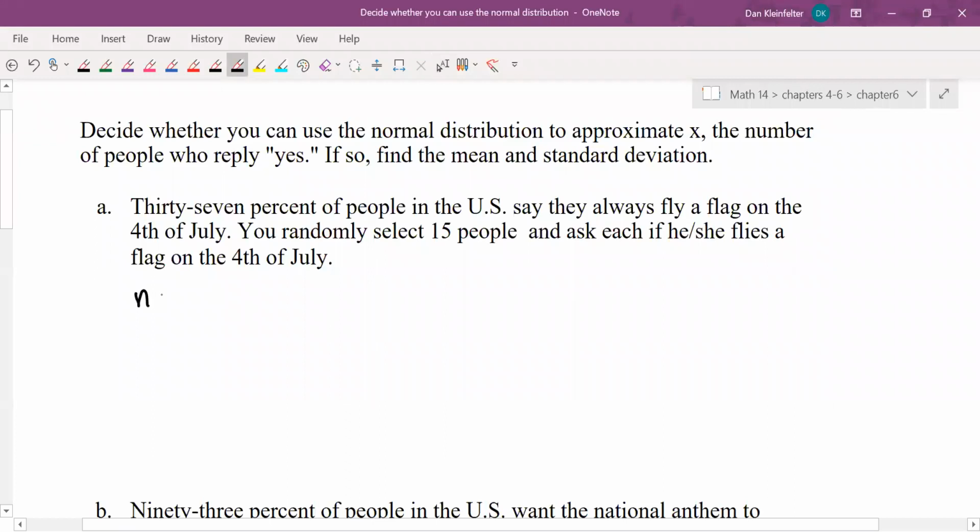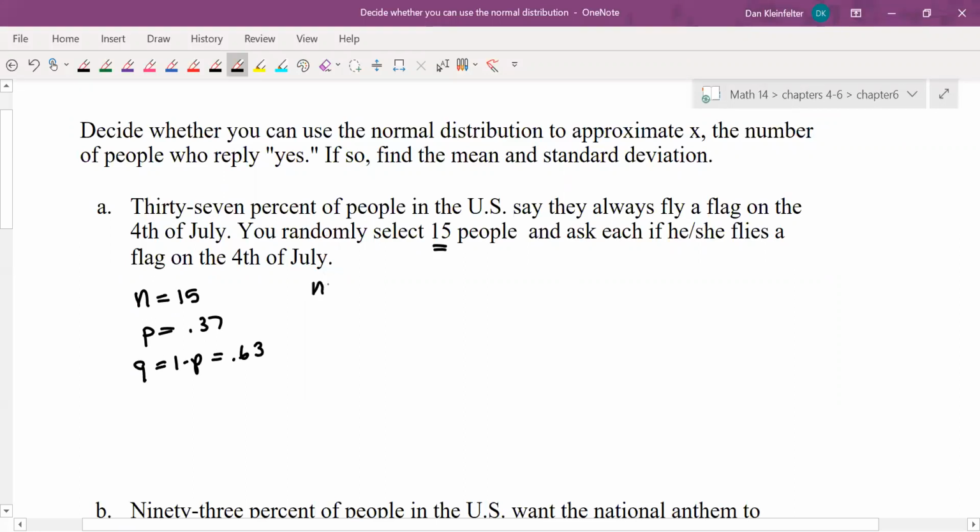So for this, our n is going to be 15, because you picked out 15 people. Our probability of success is 0.37. So q, which is 1 minus p, our probability of failure, is 0.63.